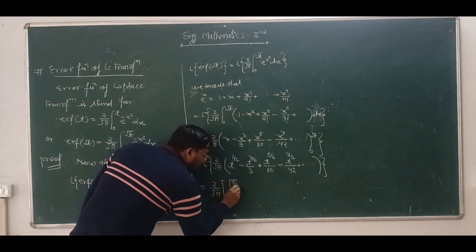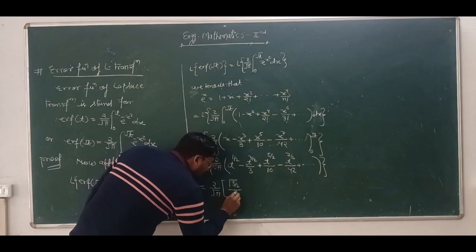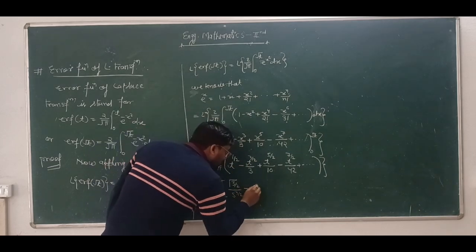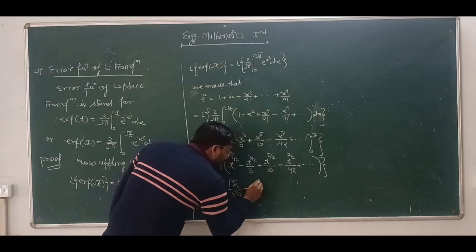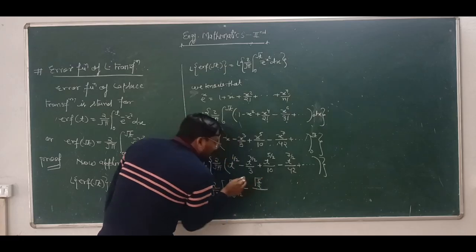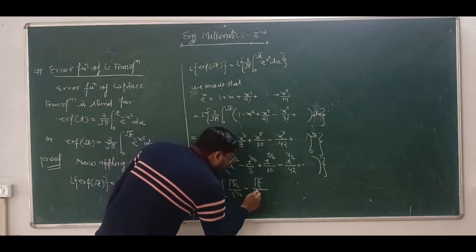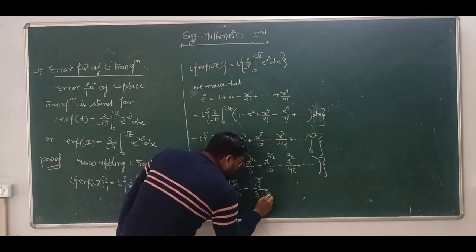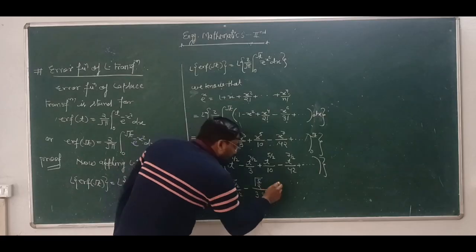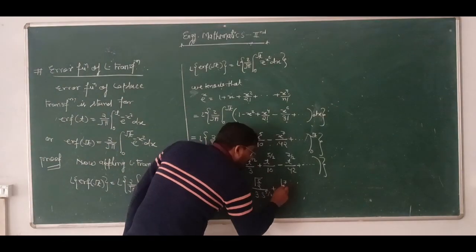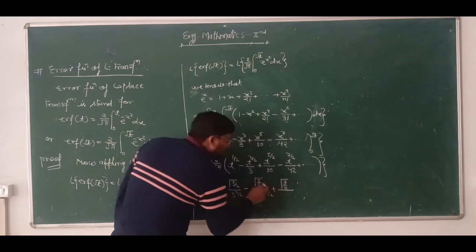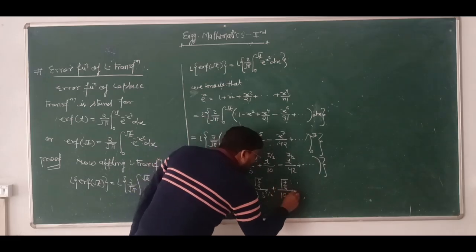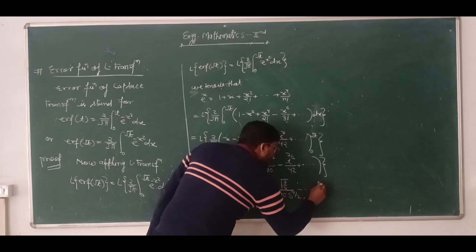This means gamma 3 by 2 upon s to the power 3 by 2, minus gamma 5 by 2 upon 3 into s to the power 5 by 2, plus gamma 7 by 2 upon 10 into s to the power 7 by 2, minus dot dot.